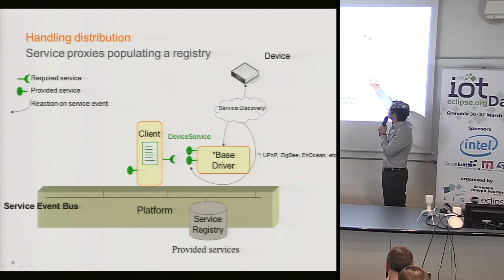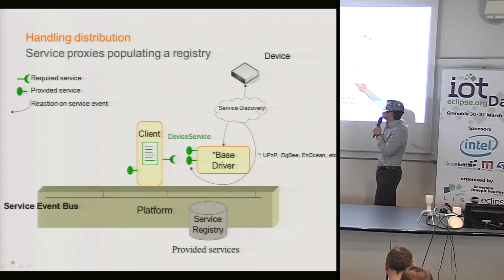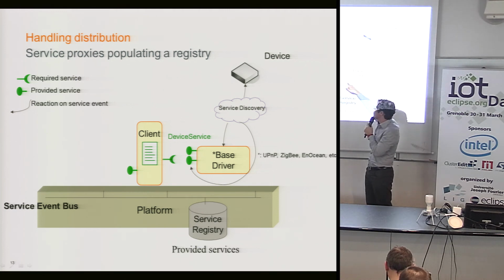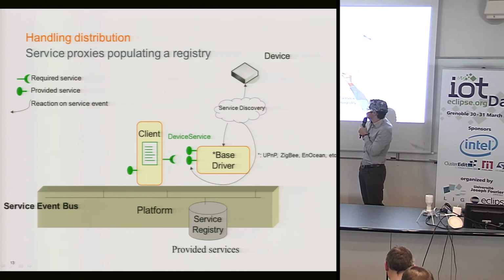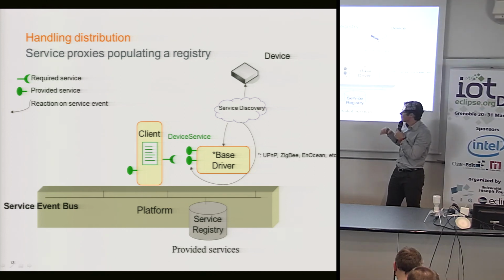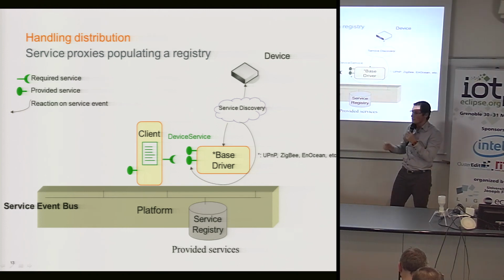This brick listens to any event on the specific network of this technology, and then for every device event, it mirrors this event into an OSGi event. So when a device appears in the network, a special device service is registered in the service registry, and then the OSGi platform sends the event.